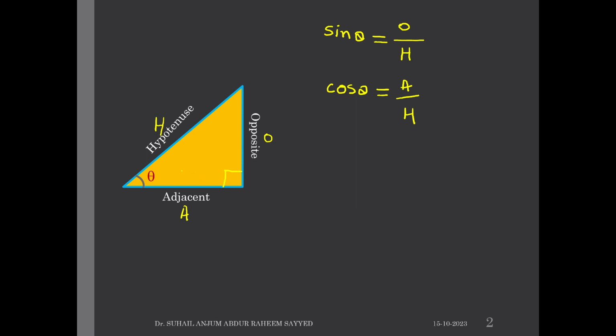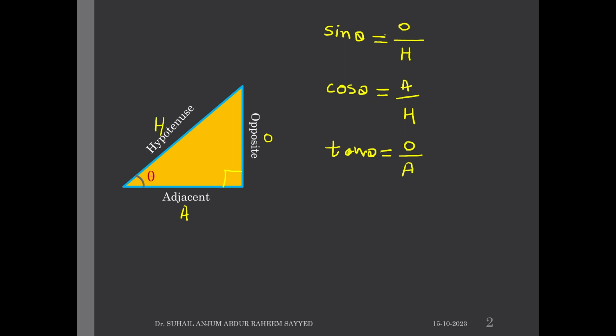And we have the third ratio, tan of theta, which is opposite divided by adjacent.